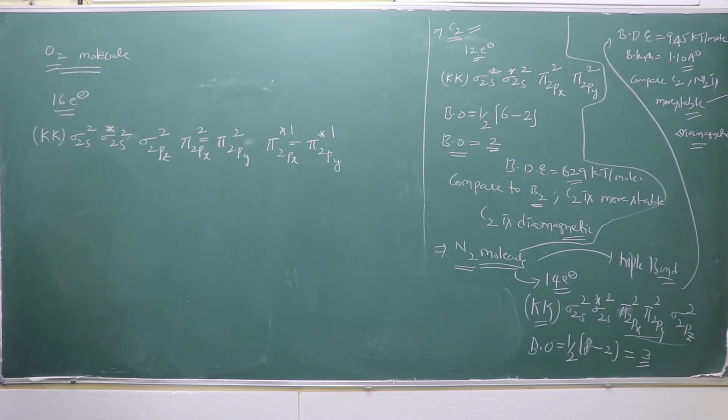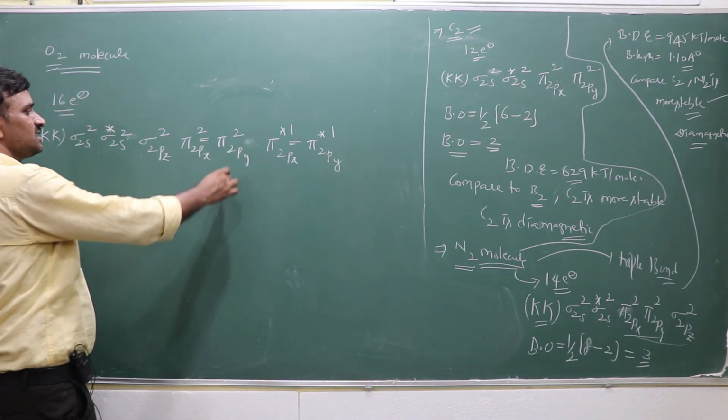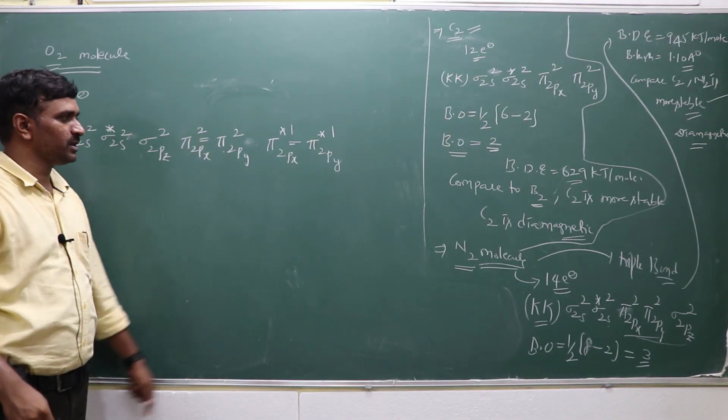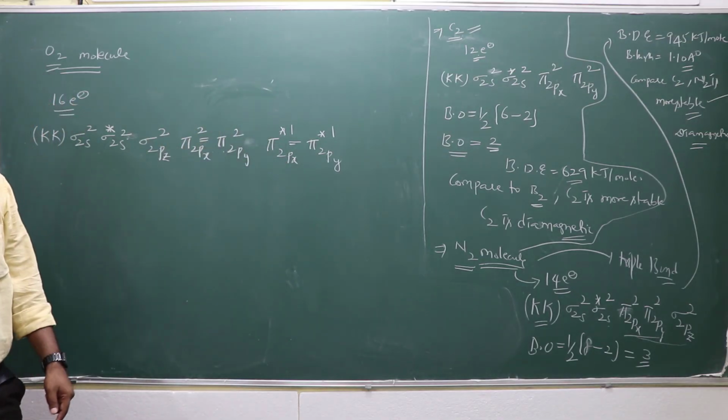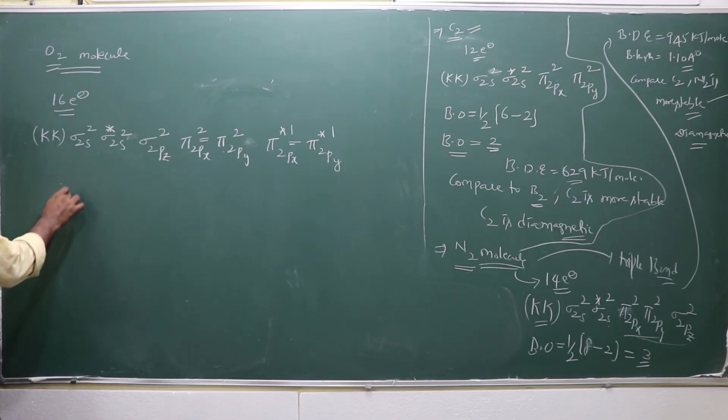Now, how many are bonding and how many are anti-bonding?